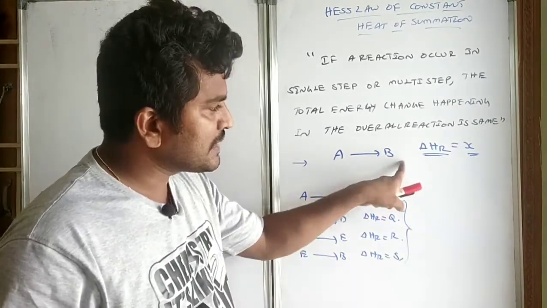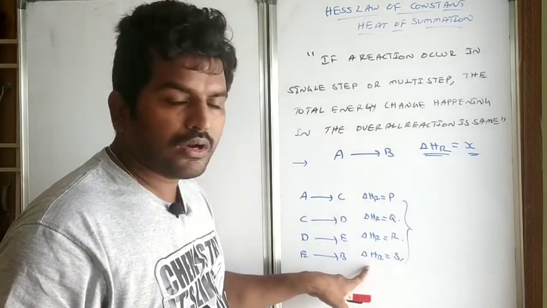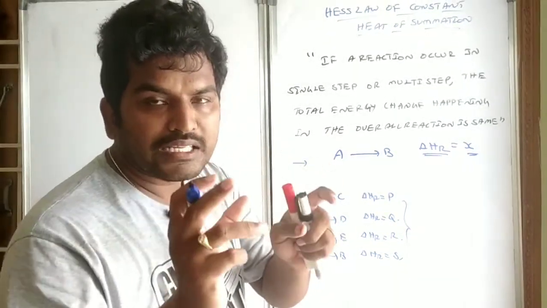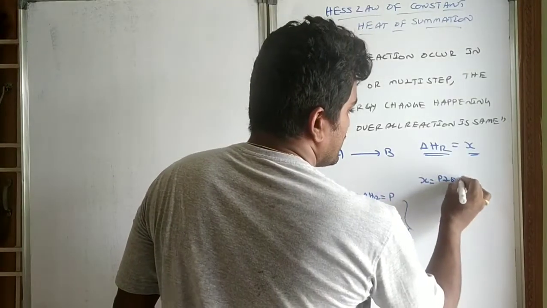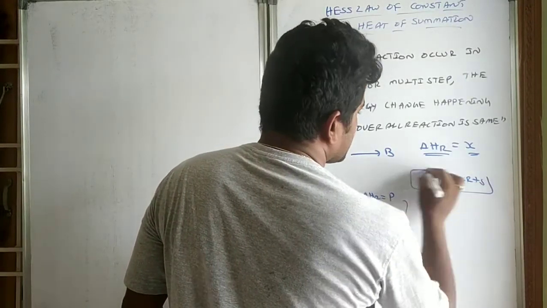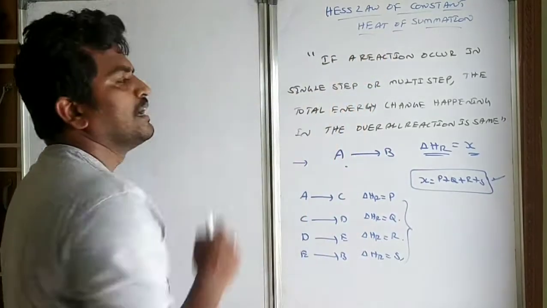If a reaction takes place in single step or multi-step, the total energy change will be the same. So here X is equal to P plus Q plus R plus S. This is nothing but the Hess Law.